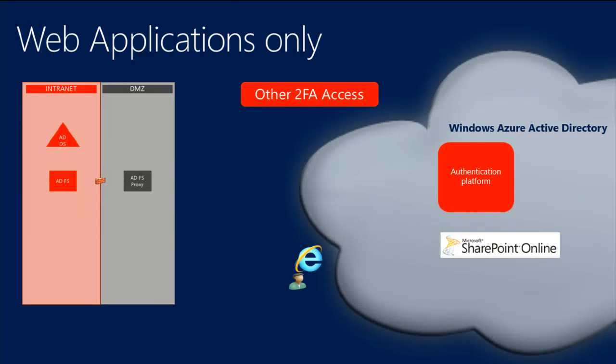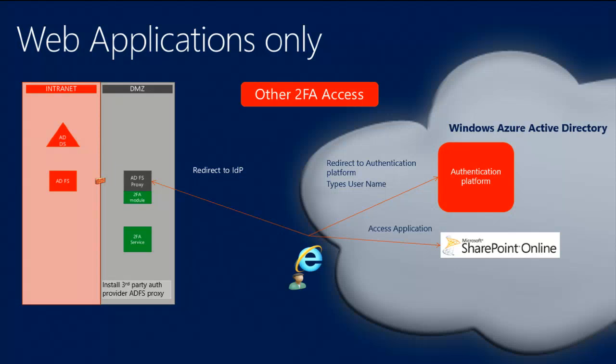In the second model, where I'm using something like RSA or something that's integrated into IIS, I have some sort of 2FA service in this case. I go across. I add my 2FA module to ADFS, so it's aware of the 2FA provider. Access the application. Same sorts of things happen. I get redirected to the IDP.